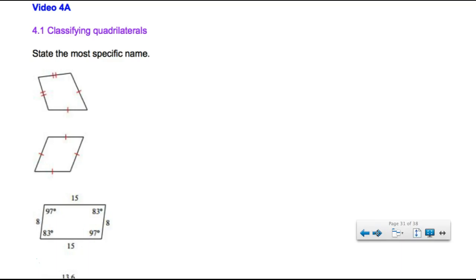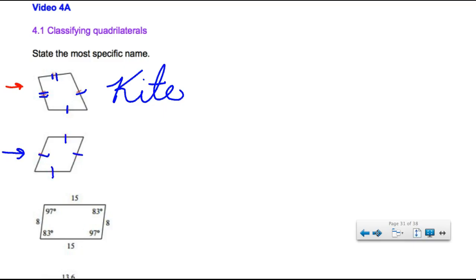Yes, this is a quadrilateral right here, but it's not its most specific name. Because of its markings showing two pairs of congruent consecutive sides, we would say its most specific name is a kite. On the next one, I can see it's a parallelogram, it's a quadrilateral, but it's a parallelogram with four congruent sides.